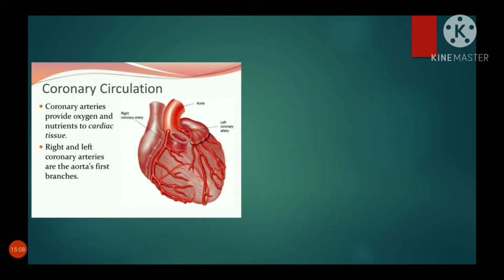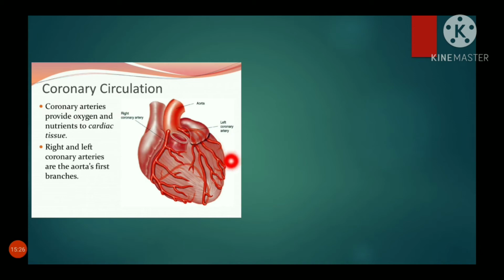Next is coronary circulation. Coronary arteries provide oxygen and nutrients to cardiac tissue. This circulation is mostly taking care of the heart itself, so it is said to be coronary circulation.